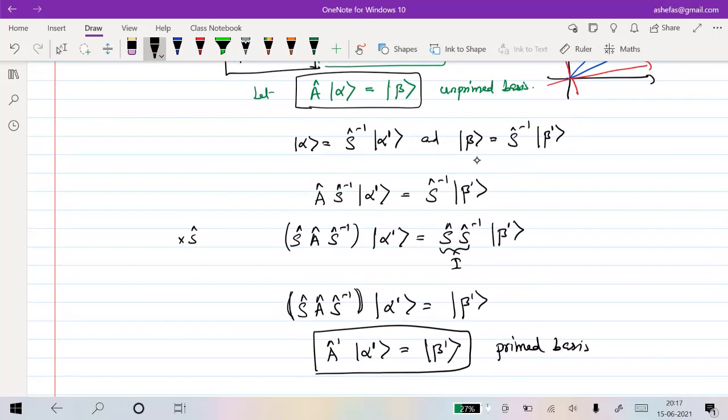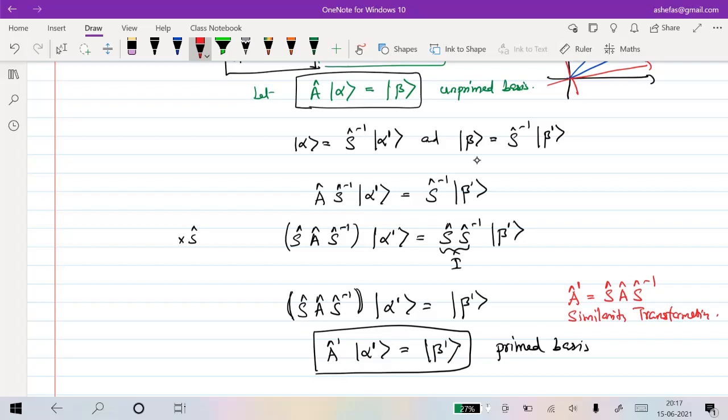This A prime is given as S A S inverse. This transformation of an operator from one basis to another basis is called similarity transformation. So this is the meaning of the similarity transformation.